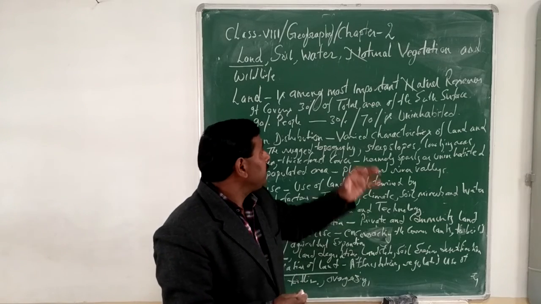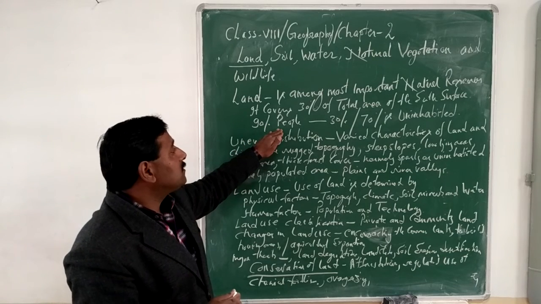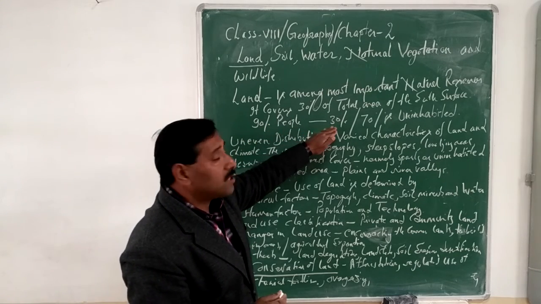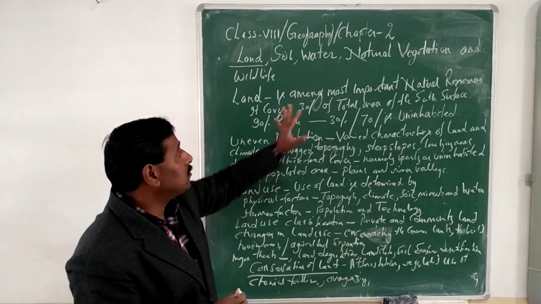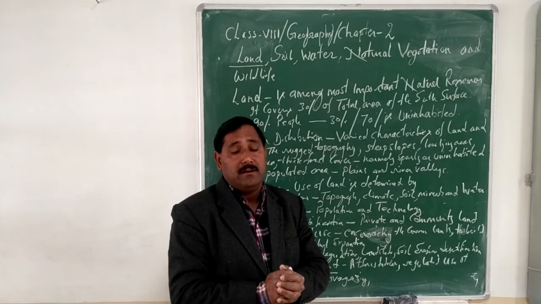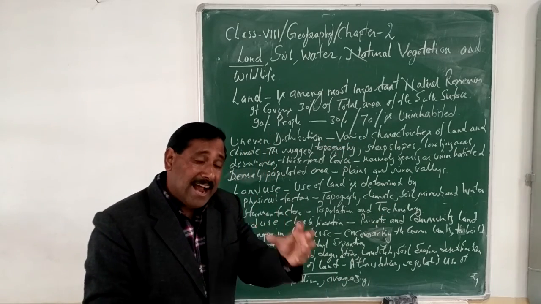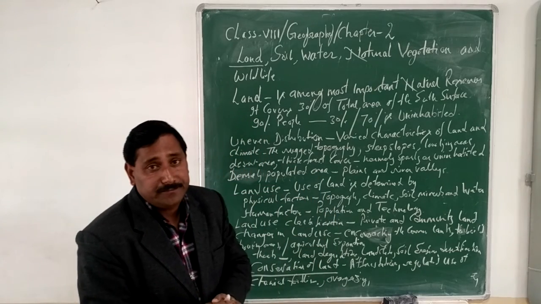So 90% of the people are living on 30% of the total land available, and 70% is still uninhabited. That makes land still a very important resource to study.